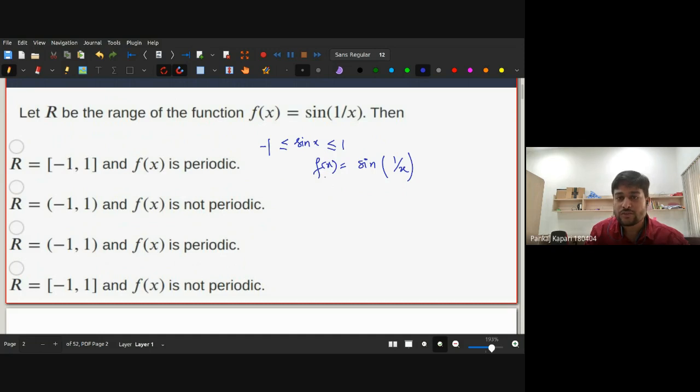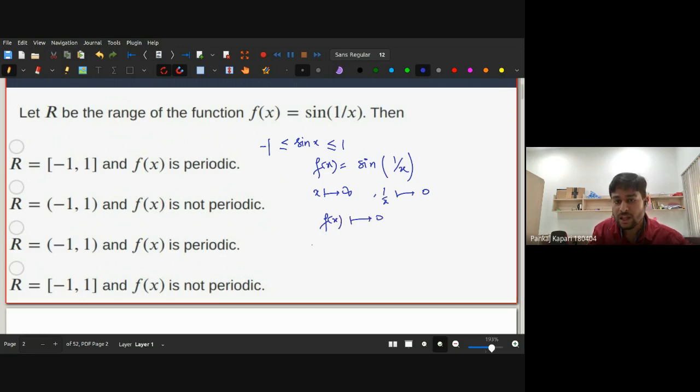So we have to just find if these values of 1 and -1 are attained or not. If x goes to infinity or minus infinity, then 1 over x will go to 0, and sine of 0 is 0, so our function will go to 0.